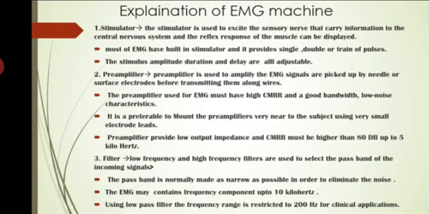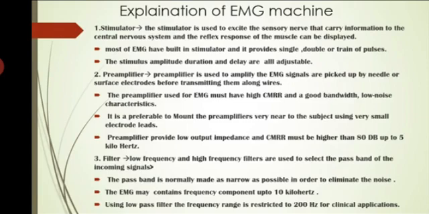It is preferable to mount the preamplifier very near to the subject using very small electrode leads. Preamplifiers provide low output impedance and CMRR must be higher than 80 dB up to 5 kHz.